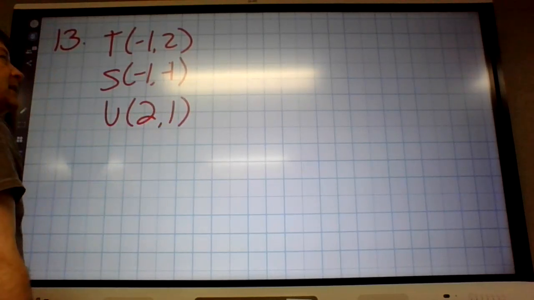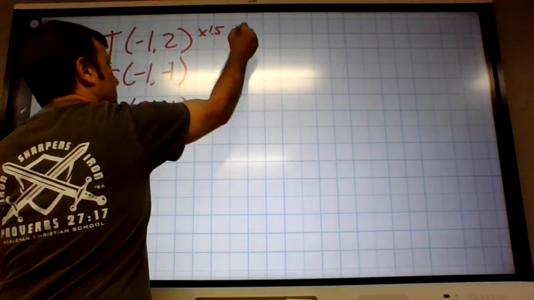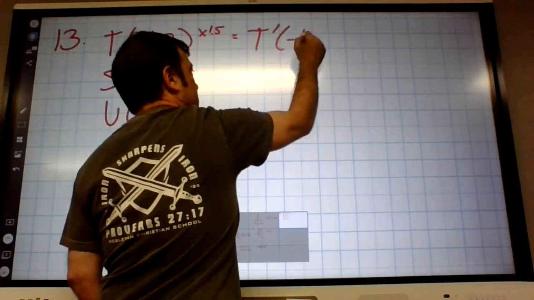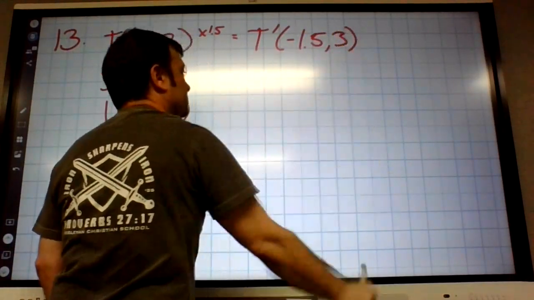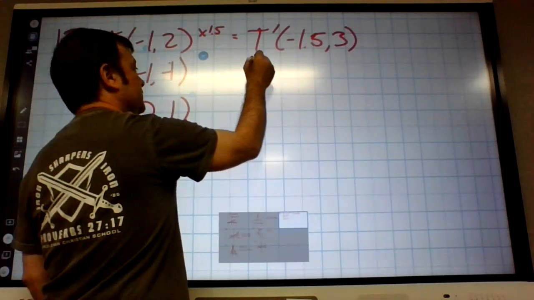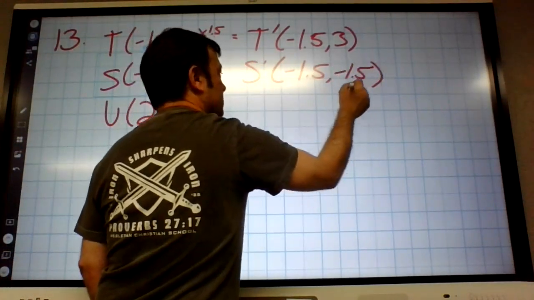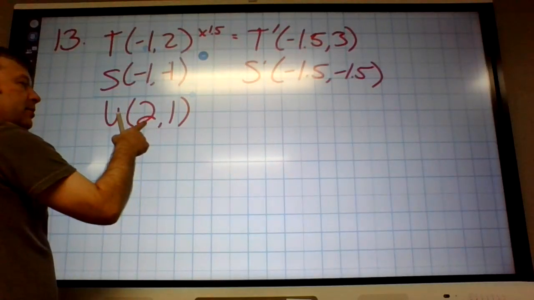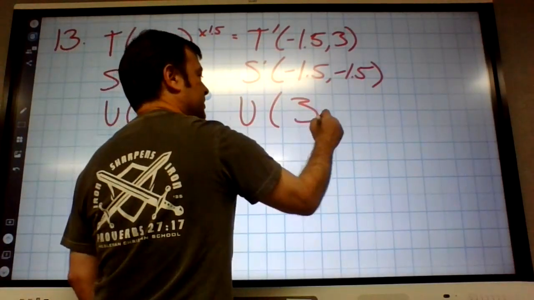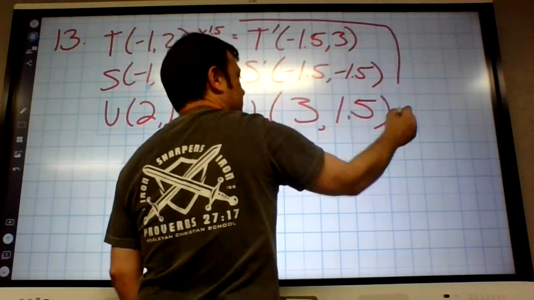So if we use a factor of 1.5, dilation 1.5, this becomes -1.5, 3. -1.5, -1.5. And 3, 1.5. Lots of repeats in these numbers. Okay, so this part is the actual answer.